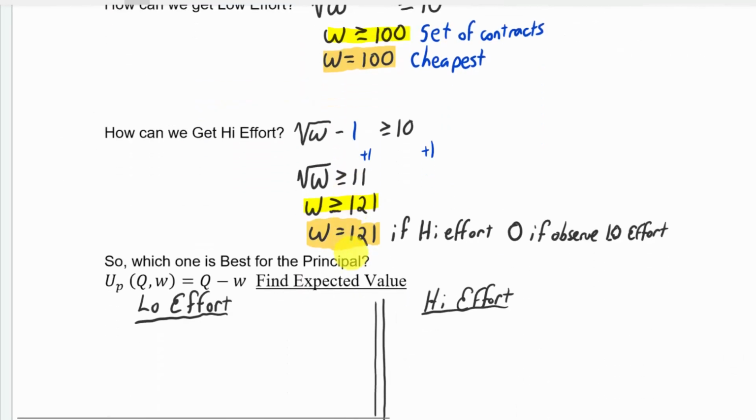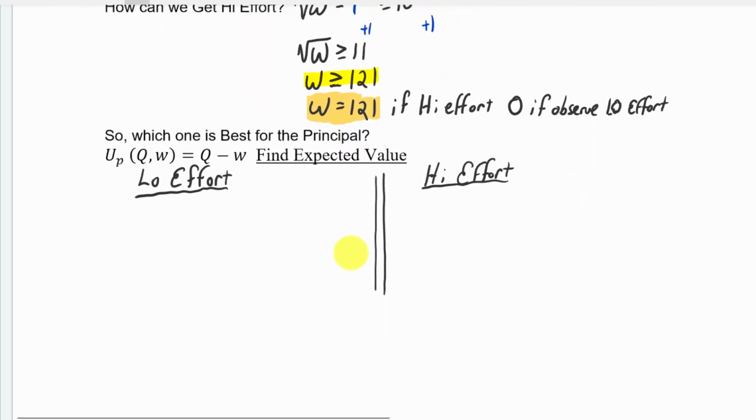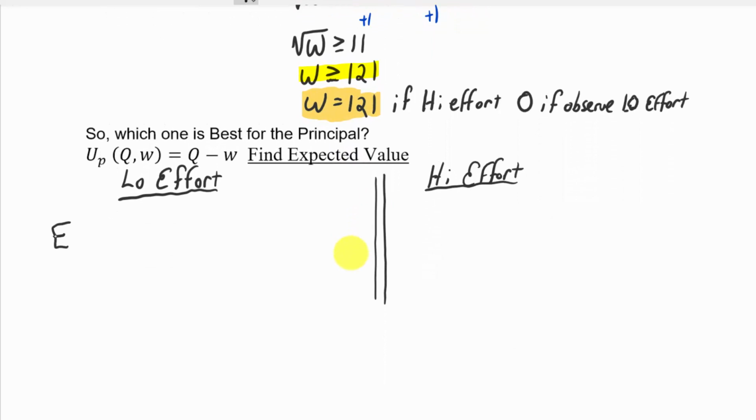So let's set up that expected value problem down here. Let's just focus on the expected value of the output to start. It is going to be a 1/3 chance that we get the 400, plus a 2/3 chance that we get the 100. So what's our expected value of output?